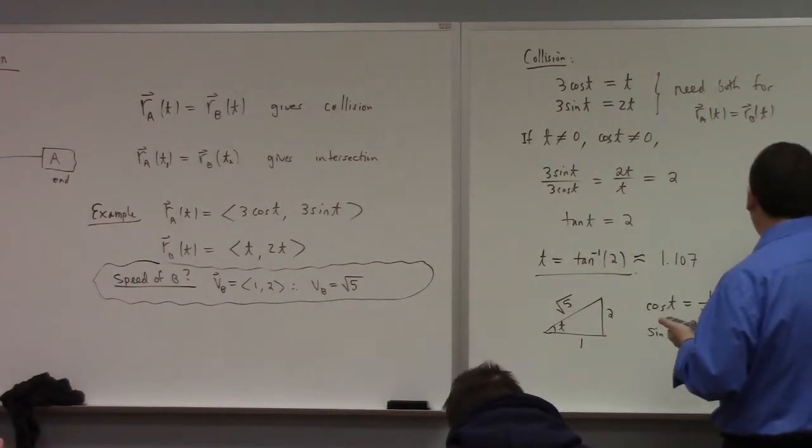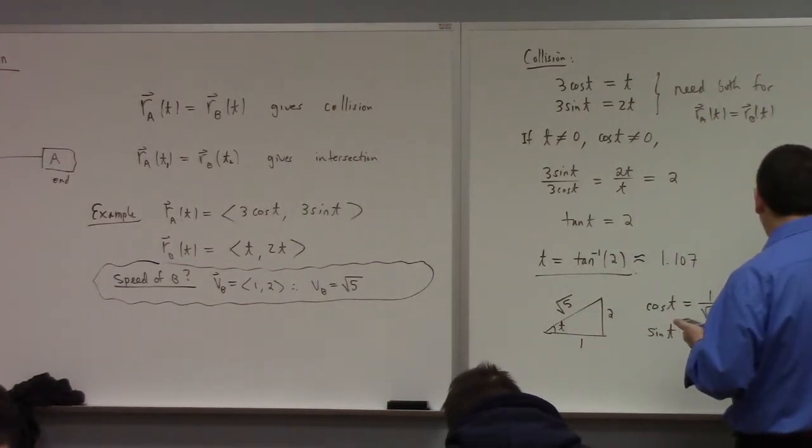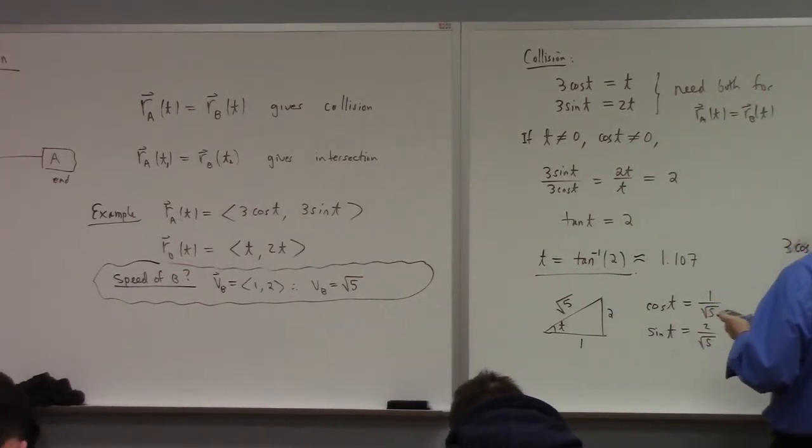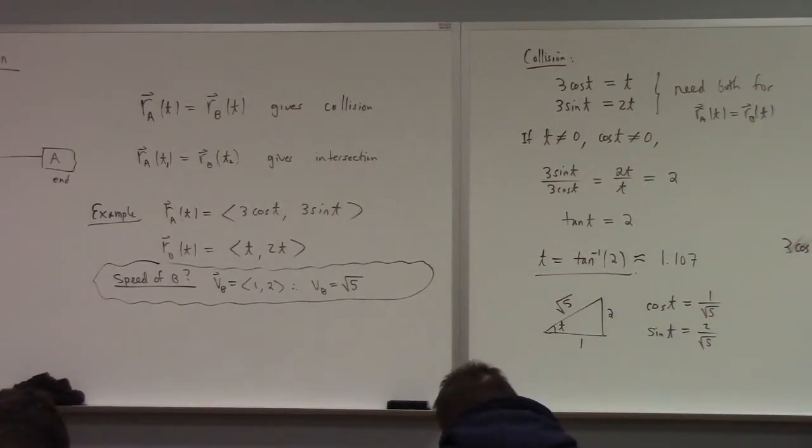And let's see here, what's 3 times the cosine of 1.107? I get 1.342-ish. And, uh-oh. Yeah. So this is not actually solving the problem, is it?